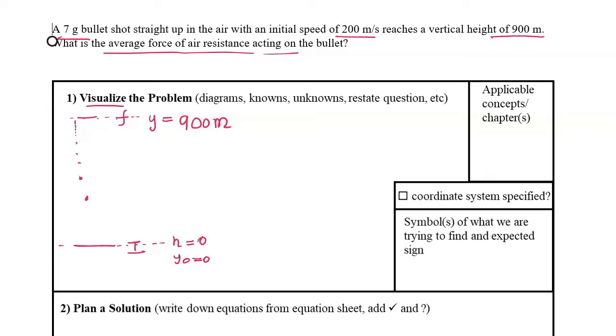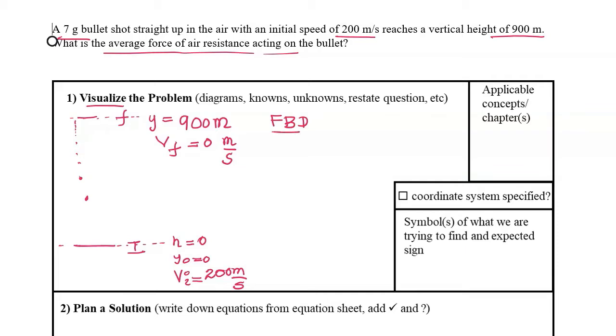Then it's going to slow down and finally reach the final position. Initial velocity is 200 meters per second, given in the question. Final velocity is 0 because that is the maximum height the bullet can reach. That is the turning point. At that point, final velocity is equal to 0.